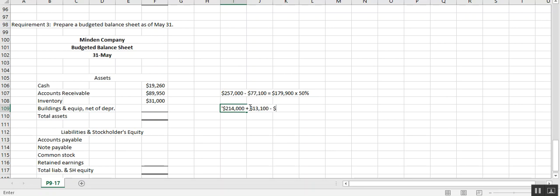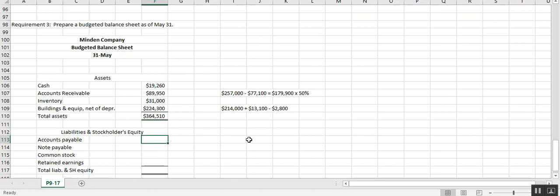And then we're going to subtract out the $2,800 in depreciation for May that was given in the instructions. So if we add these two and subtract that one, it should give us $224,300, giving us total assets $364,510.